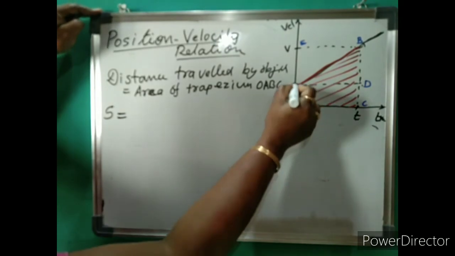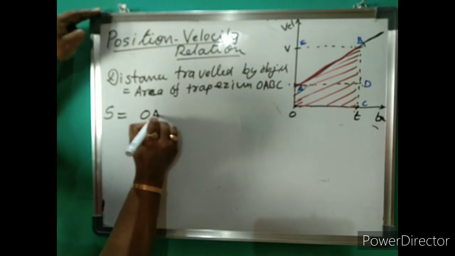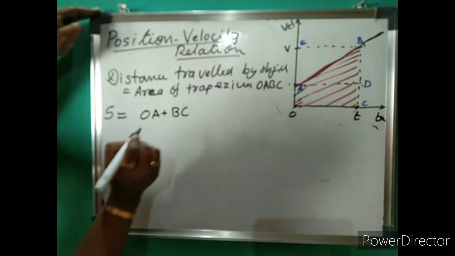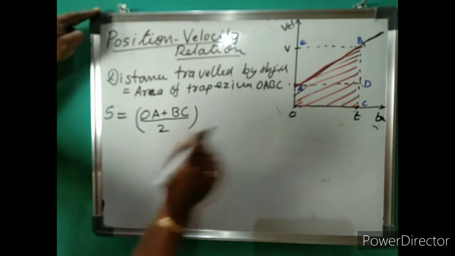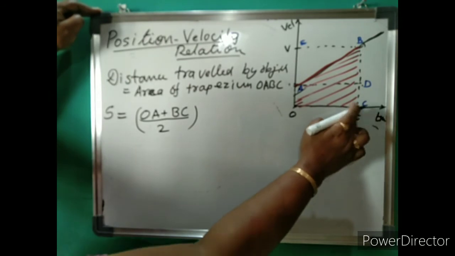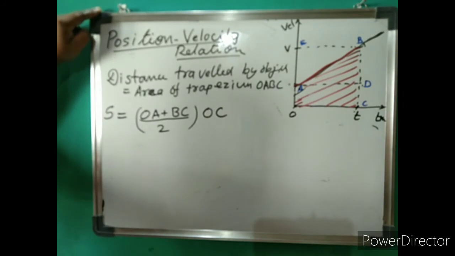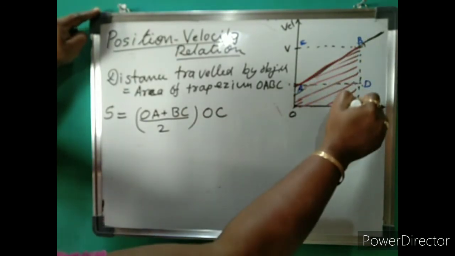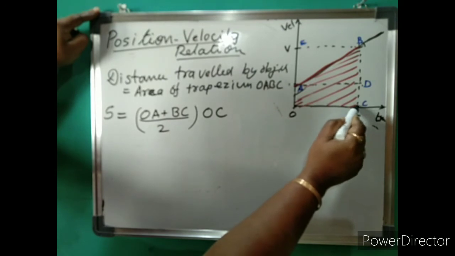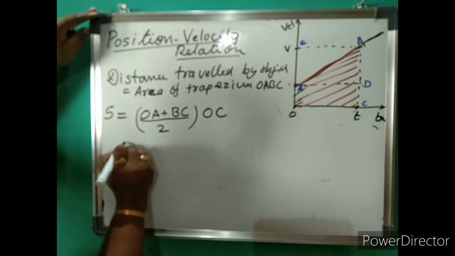So we can write distance S is equal to the area of trapezium, OA plus BC divided by 2 into OC. Then we substitute the values.